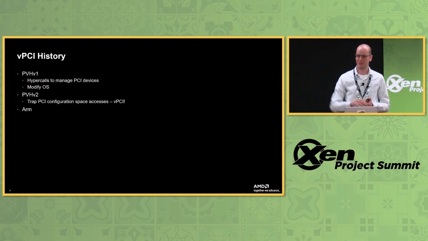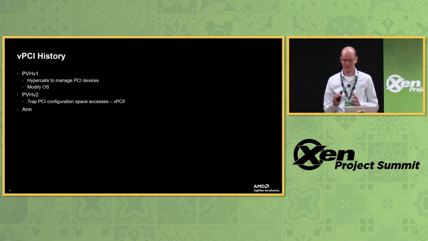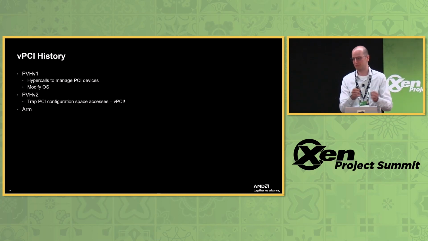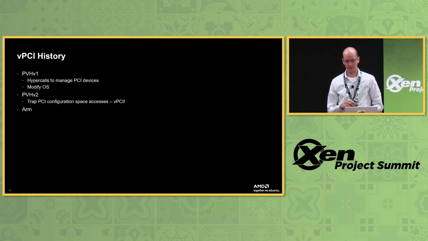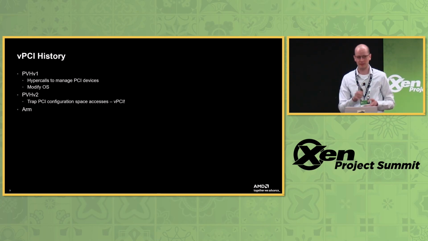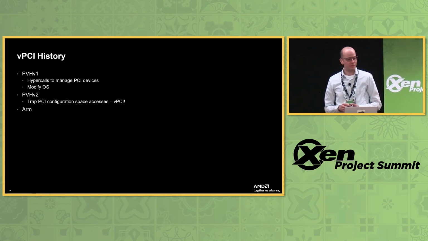And please correct me, I'm still new to this. So we wanted to get rid of the hypercall interfaces and take advantage of the hardware virtualization features and manage interrupts the native way within Xen without having to customize the OS for special Xen-isms. And more recently, vPCI is useful for ARM as well.